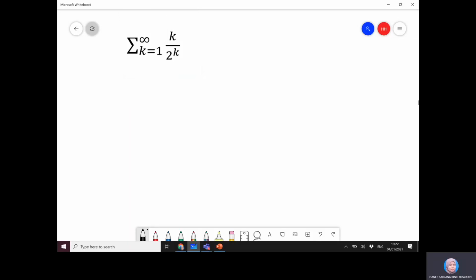What does the Lambert ratio test say? We need to find rho by looking at the limit as n approaches infinity of the modulus of u_(n+1) over u_n. So you write down u_(n+1) over u_n.